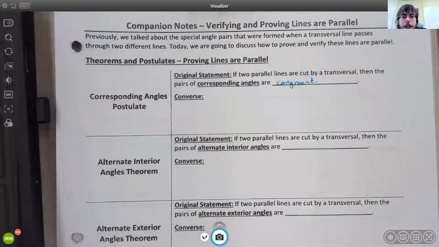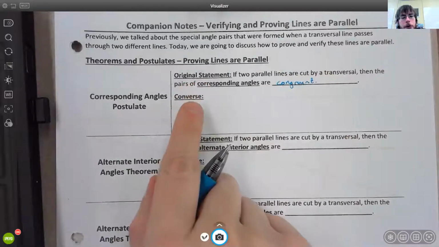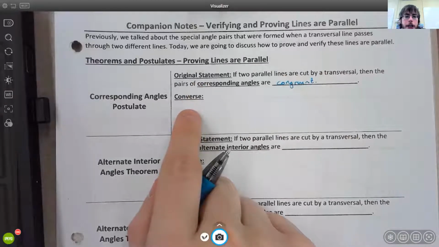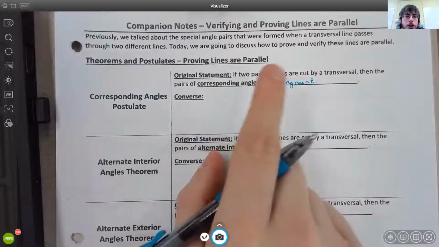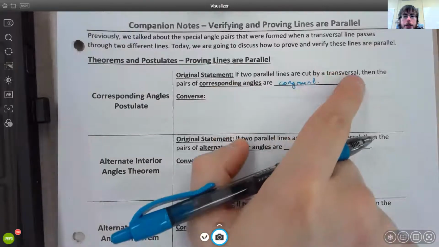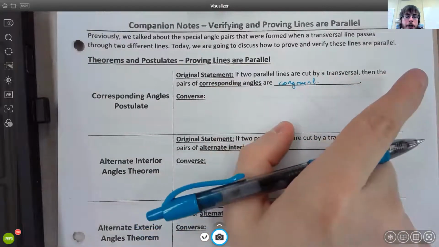Now you're going to notice that I have the word converse written here. If you remember when we talked about logic, we wrote converses by switching the hypothesis and the conclusion, okay? So remember, the hypothesis comes after the word if and before the word then, and the conclusion comes after the word then.